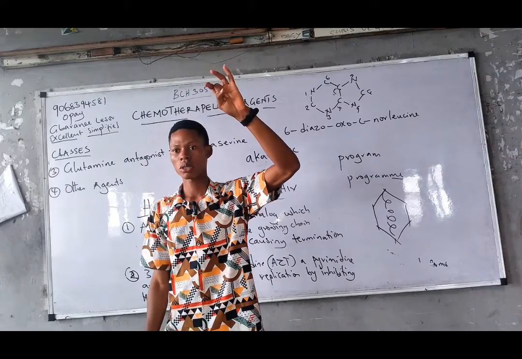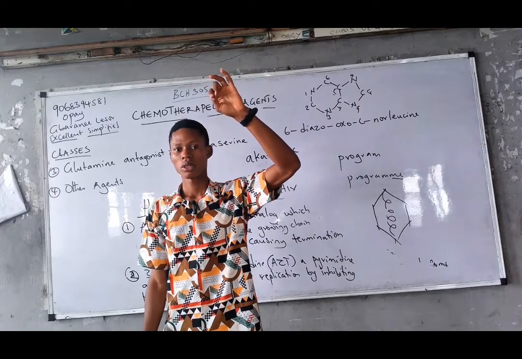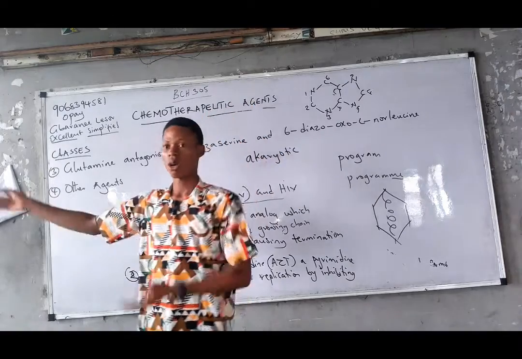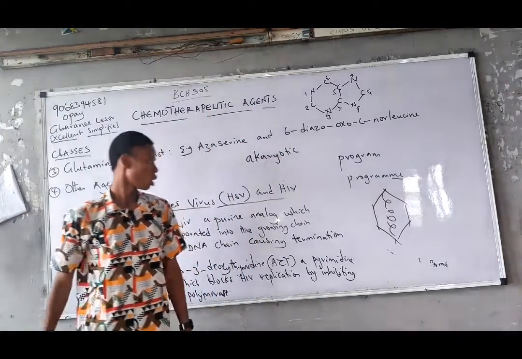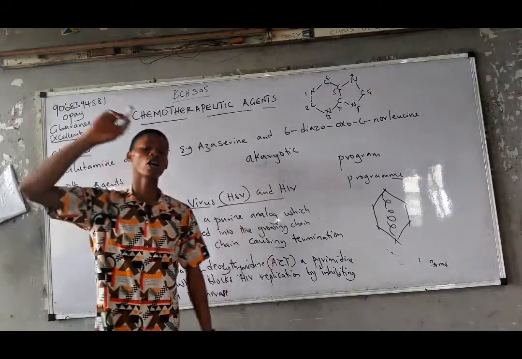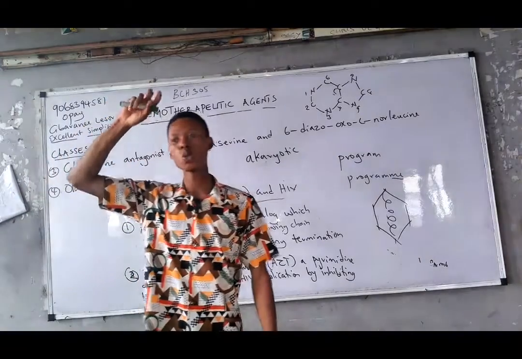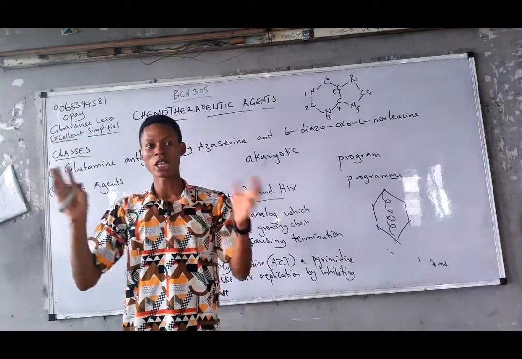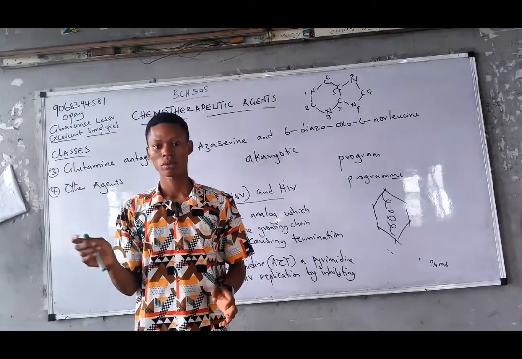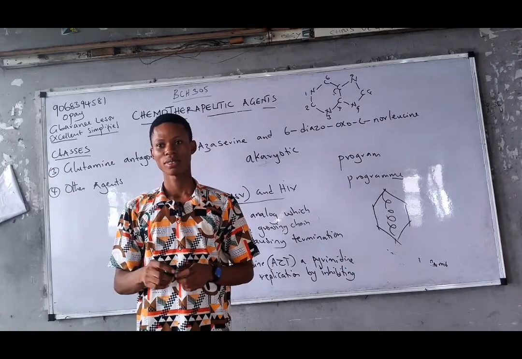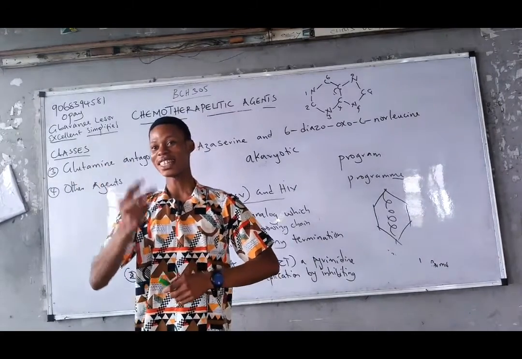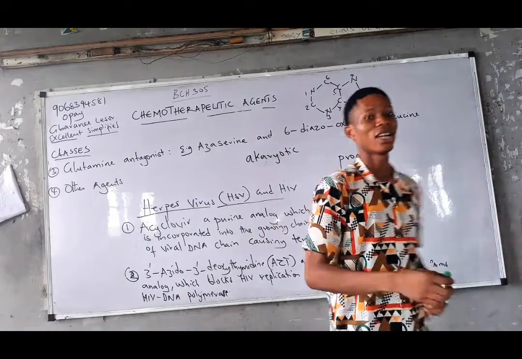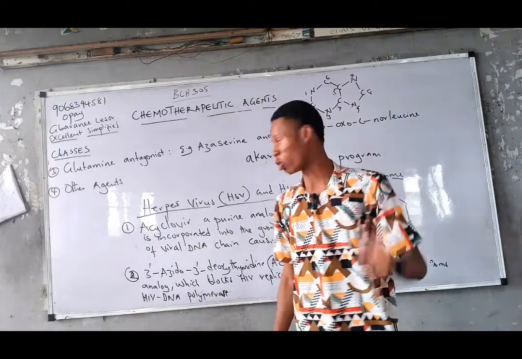Number 3 is glutamine antagonists, right? And other. Good. Can we continue? And don't forget that the two chemotherapeutic agents used to treat HIV and herpes are what? AZT and acyclovir.